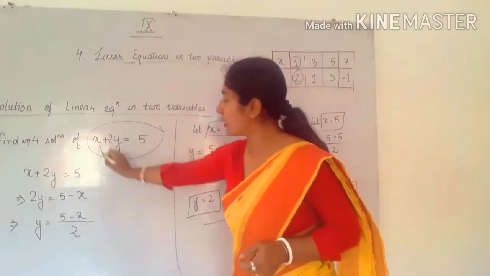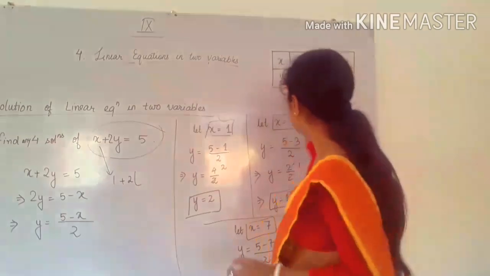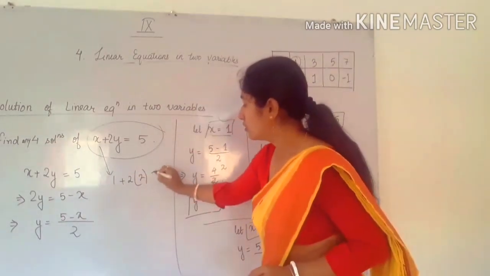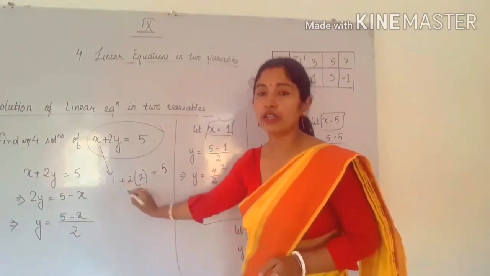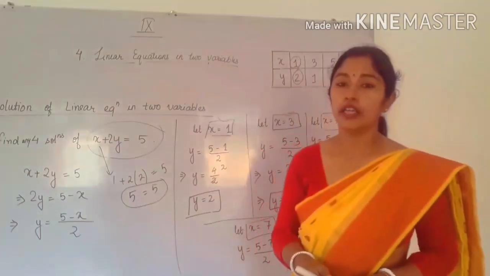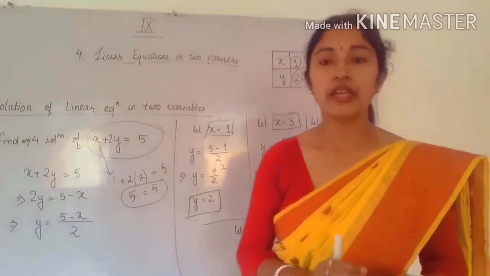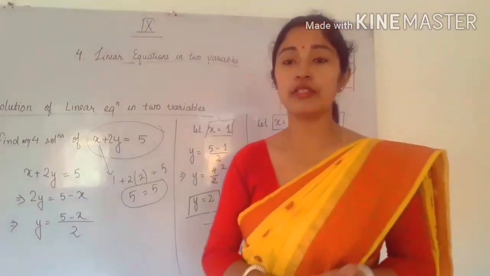In place of x I put 1, plus 2 into y, which is 2. See whether it equals 5. So 2 times 2 is 4, 4 plus 1 is 5. So the left hand side and right hand side are equal.